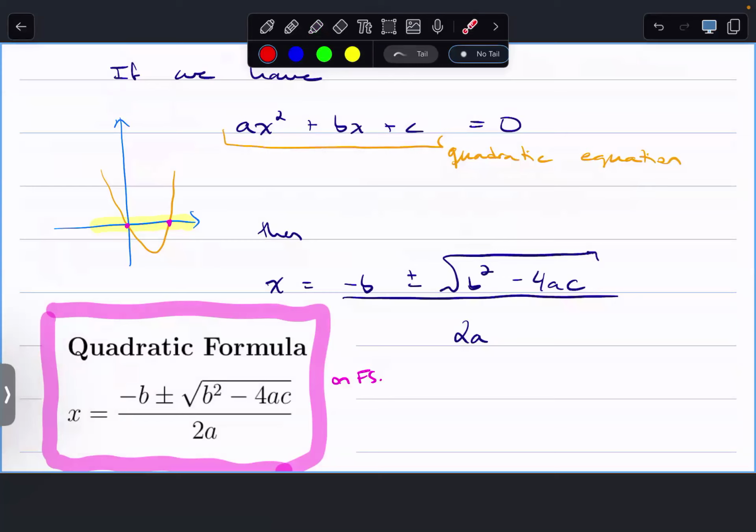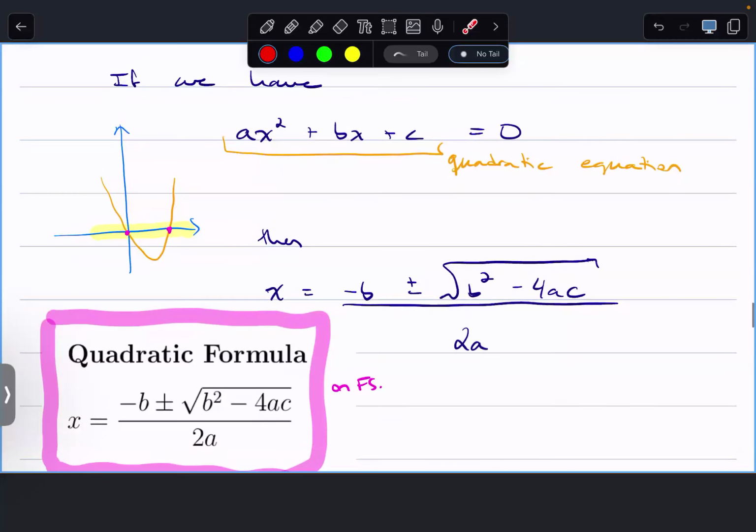It's also a quick way of factoring, right? If you had to factor this thing, then you can find where it equals 0. We're not going to do any factoring, but we are going to use the quadratic formula. Okay.